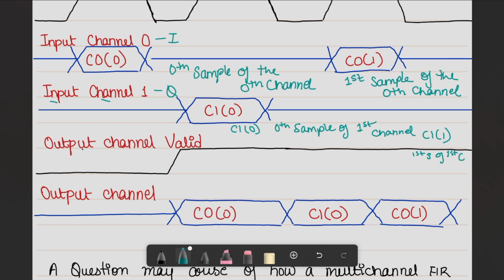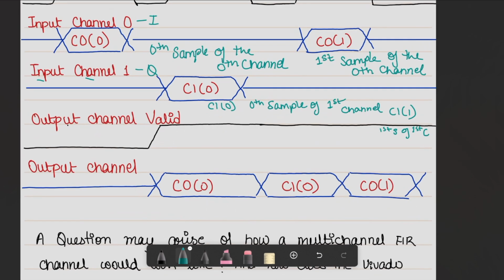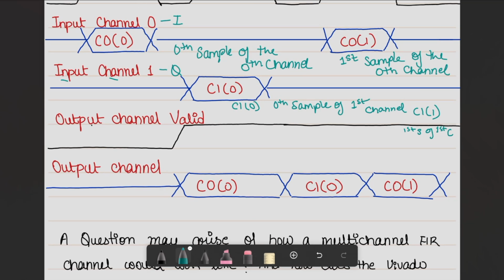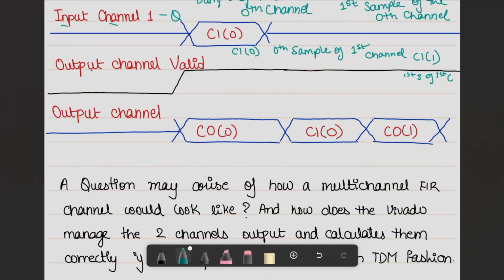Now, my output to this would be in a stream, as FIR works on the stream protocol. So the output of this would be in a TDM fashion. The output channel over here is the input to my FIR IP.